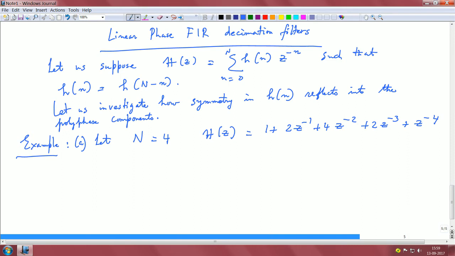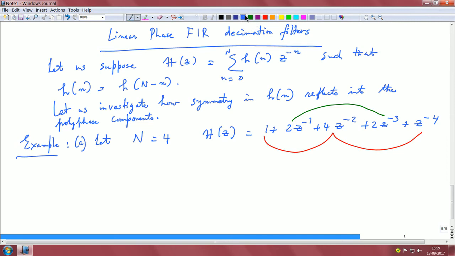So now we are familiar, basically if you want E naught we take 1, 4 z power minus 2, then we choose this as one part, and then we could choose this and this as our second part, right.